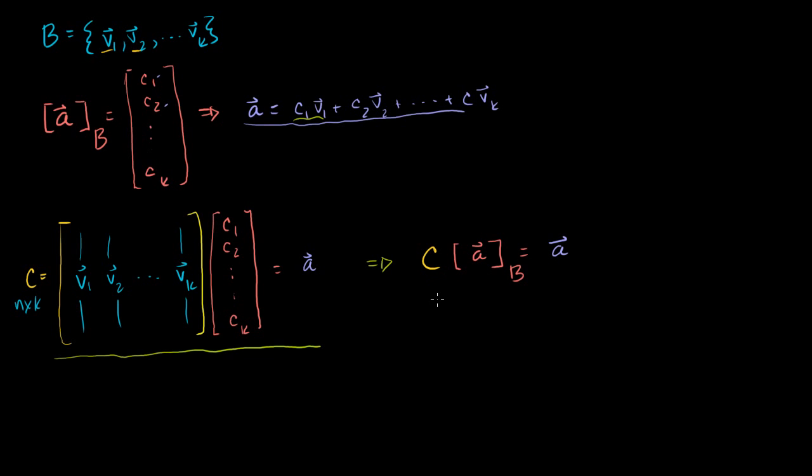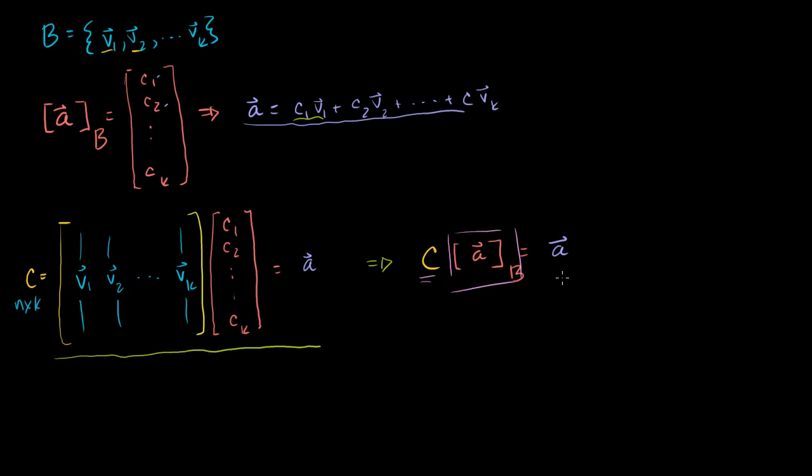Now, why did I go through the trouble of doing this? Because now you have a fairly straightforward way of, if I were to give you this and say, hey, what is A if I wanted to write it in standard coordinates, or with respect to the standard basis, which is just the way we've been writing vectors all along, then you just multiply it times this matrix C, this matrix that has the basis vectors as columns.